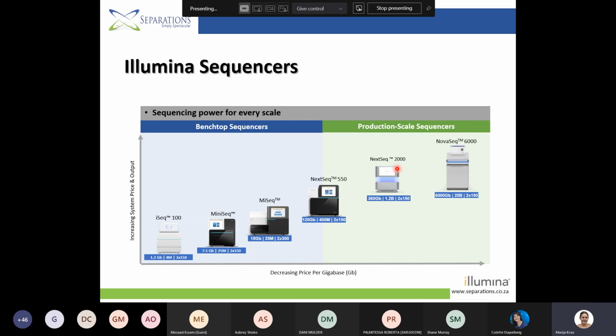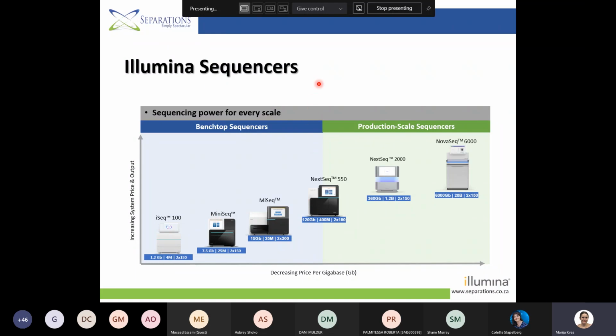And for those of you who joined us last week, where we talked about small genomes, microbes, viruses and bacteria, certain small fungi, we were talking about these benchtop sequencers, right? The sequencers that have a smaller capacity, because we are working with small genomes, we don't need to produce a lot of data, therefore we can do it on the smaller benchtop sequencers.